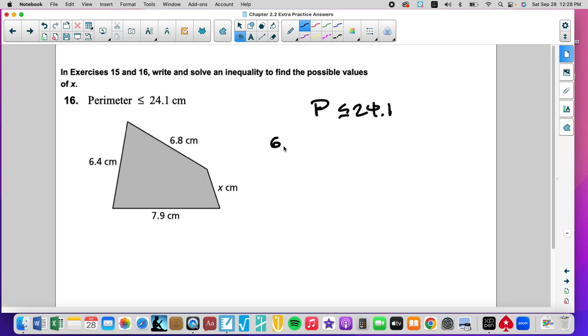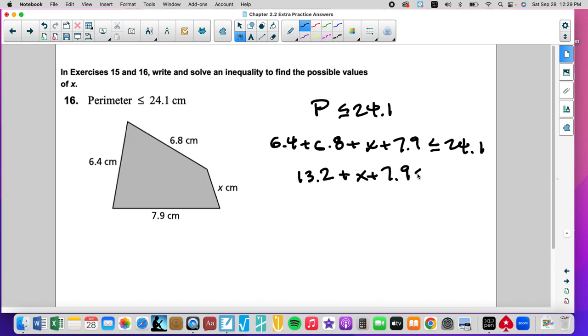Same thing, the perimeter of this object, P, can be less than or equal to 24.1. The perimeter is going to be 6.4 plus 6.8 plus x plus 7.9 must be less than or equal to 24.1. Let's add those together. That's 12. That's 13.2 plus x plus 7.9 must be less than or equal to 24.1. Let's add these two. That's 11. That's 1. That's 2.